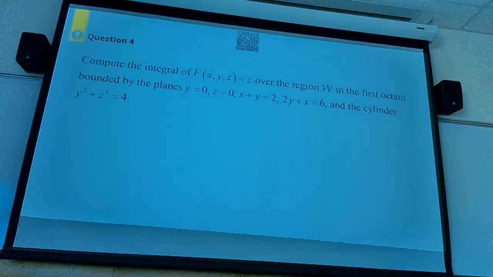We want to integrate z over the region in the first octant, bounded by the planes y equals 0, z equals 0, x plus y equals 2, 2y plus x equals 6, and the cylinder y squared plus z squared equals 4.